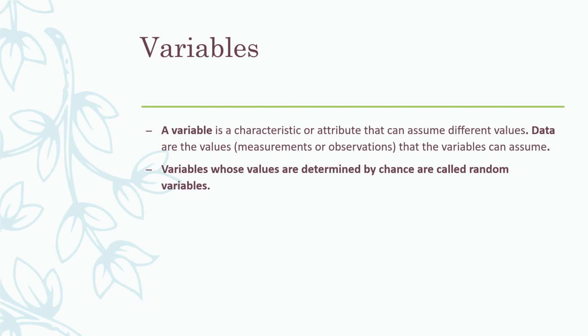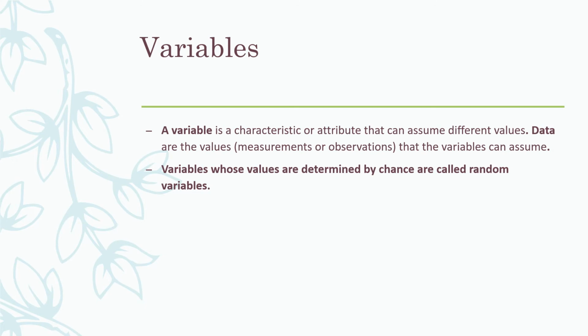Now, the data are those values that the variables can assume. That can be a time, a date, a height, a measure, a whole number, or a fractional number. The data is what gives us that, but the variable is the characteristic or the attribute. The data is what tells us what the value is.